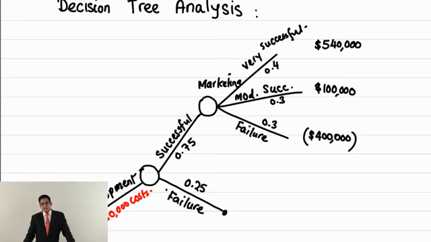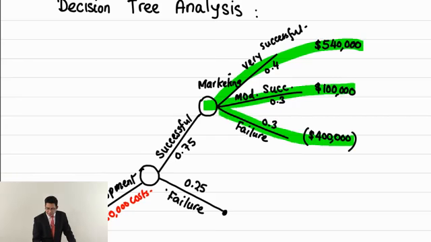Some people do it in this way, that they work backwards from here to here, then here to here, and then here to here. Meaning to say, 540,000 times 0.4, they get one value here. Then 100 times 0.3, they get another value here. Then 400,000 times 0.3, they get one value there.